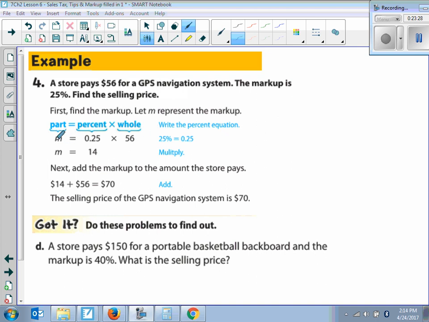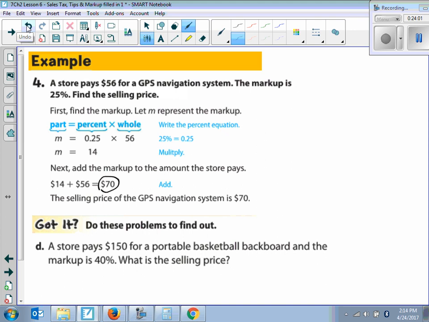What number is, that's M equals 25%, we have to change the percent to a decimal, and then we're going to multiply times the $56. So that gives us a $14 markup. So now we have to add that $14 to the $56 that the store pays for the GPS system, and that gives us the final selling price.